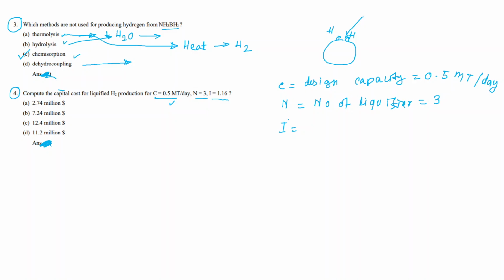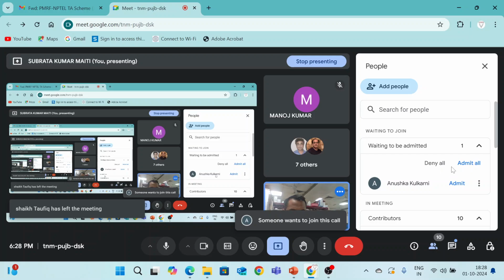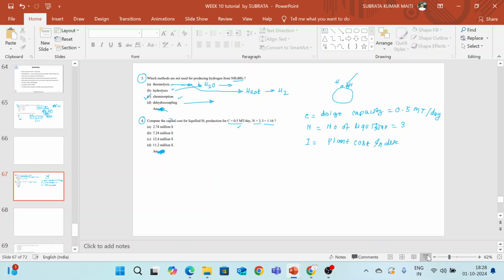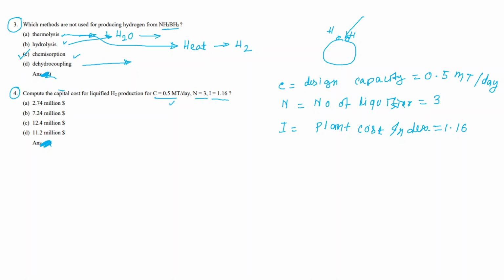I is the plant cost index. Okay, the plant cost index is given as I equals 1.16.